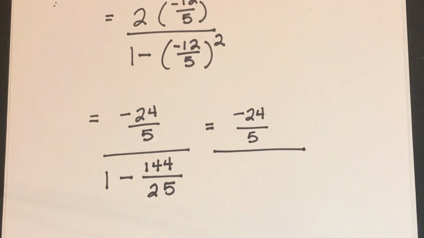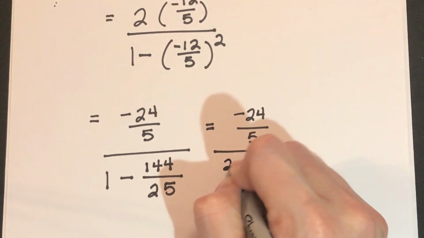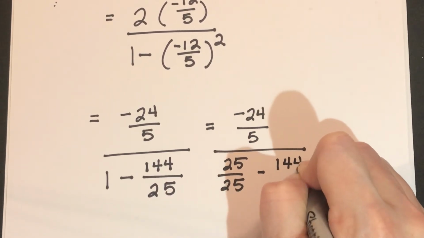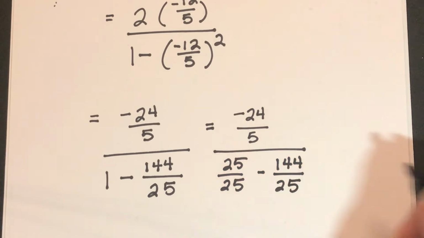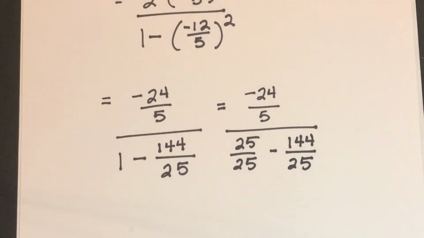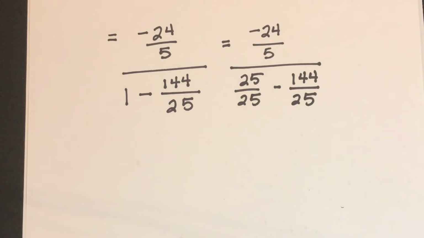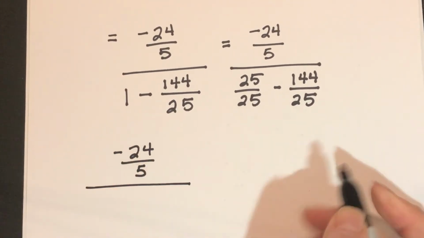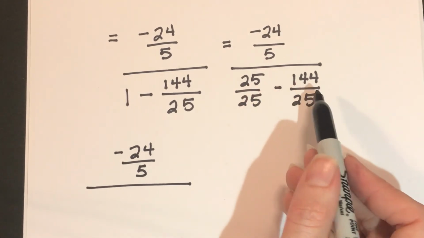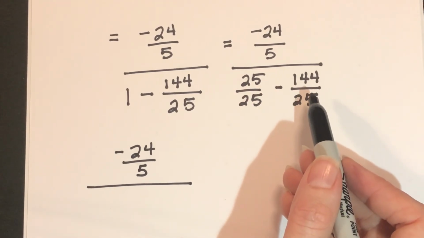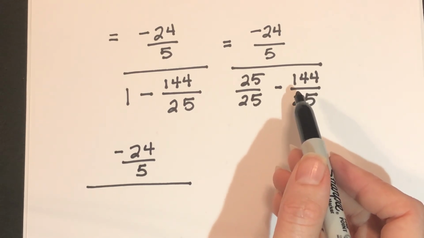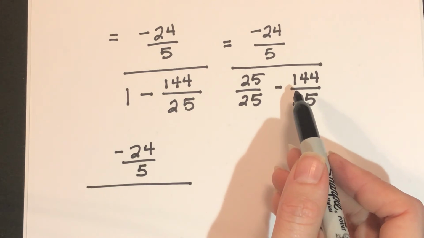So we need a common denominator, right, with fractions. So we'll change 1 to 25 over 25 minus 144 over 25. So then we have negative 24 over 5 over 25 minus 144 is, I wrote this down, is that negative 119 as well?